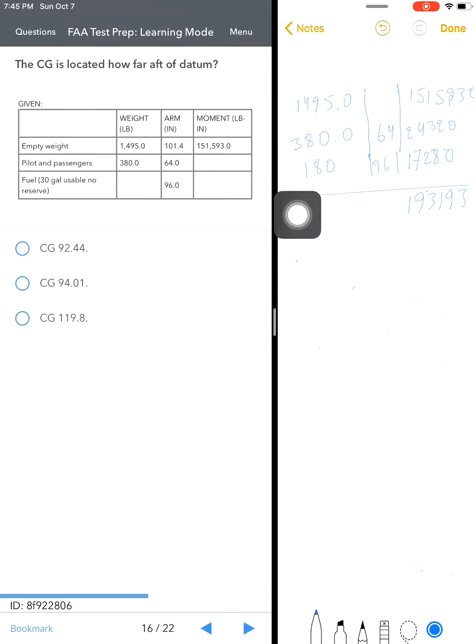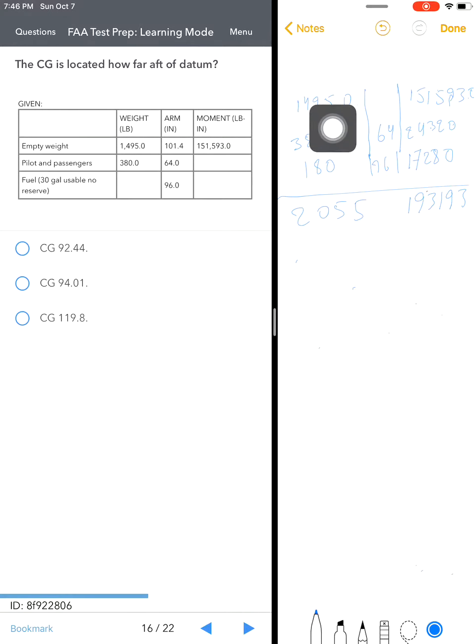Now we can add the weights: 1495 plus 380 plus 180 equals 2055.